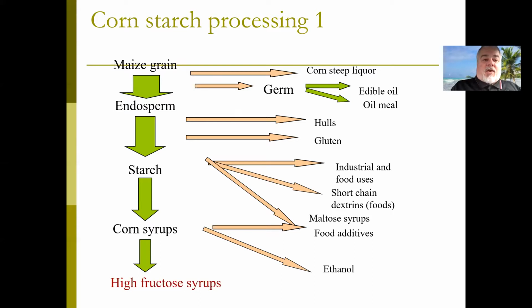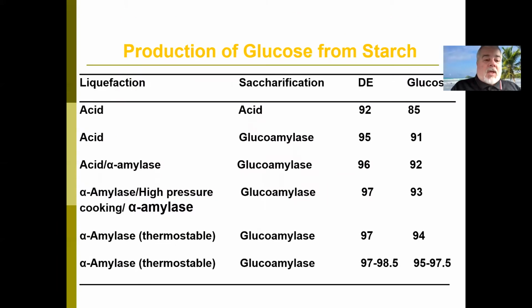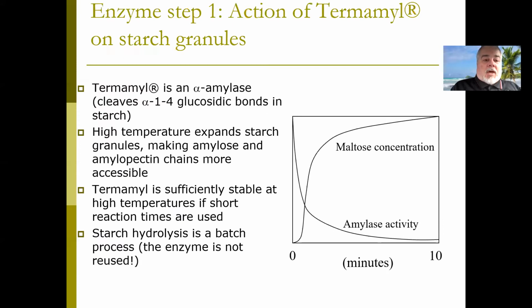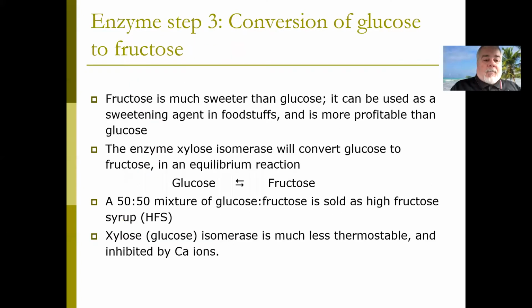This is just a cornstarch processing diagram showing how cornstarch is used and some of the steps to make this high fructose corn syrup. And again, I'm not going to go through some of this. Just hit pause or go through the original PowerPoint.